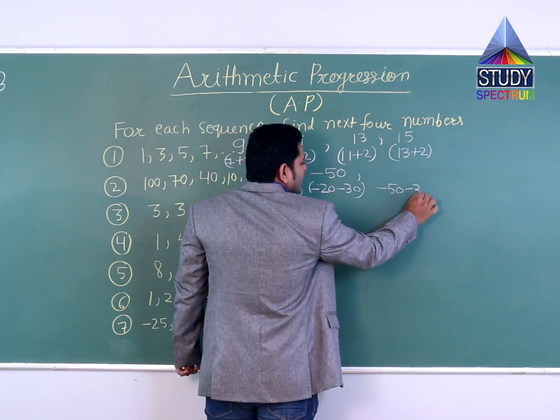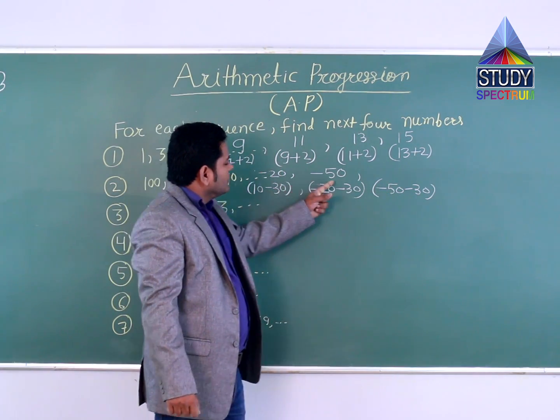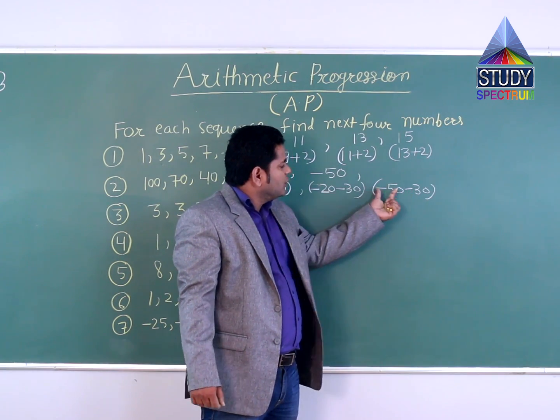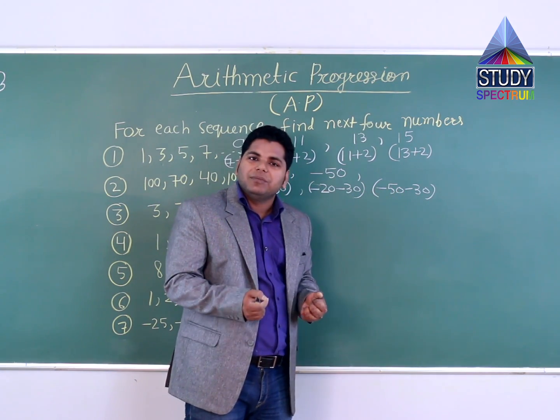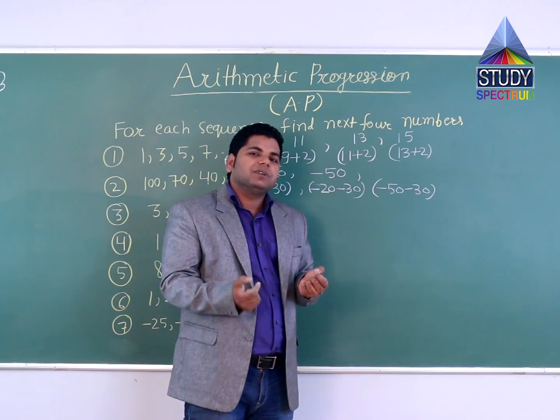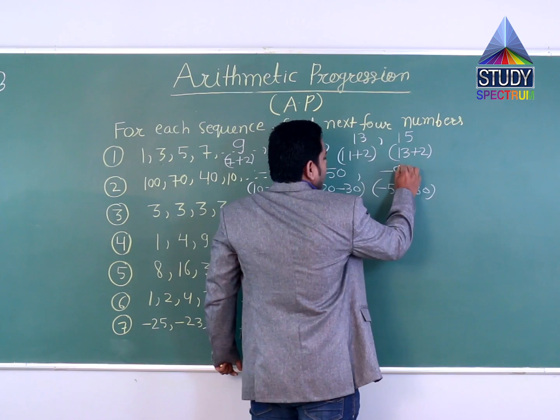And what will be the next number? 30 less than the preceding term. Here also both numbers have the same sign, so we add both numbers. 50 plus 30 is 80, and we put the sign of the numbers because both have the same sign, so it will be minus 80.